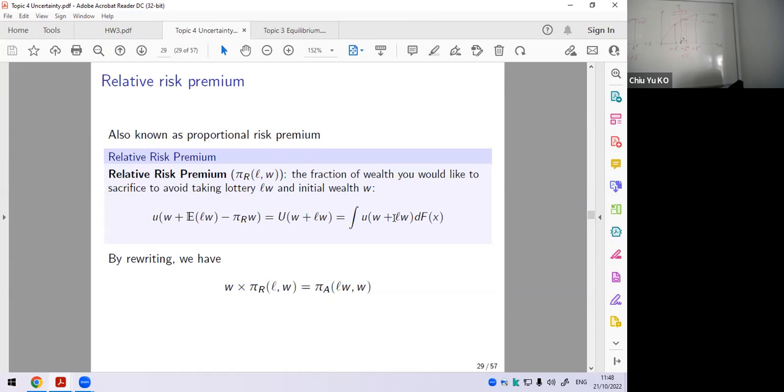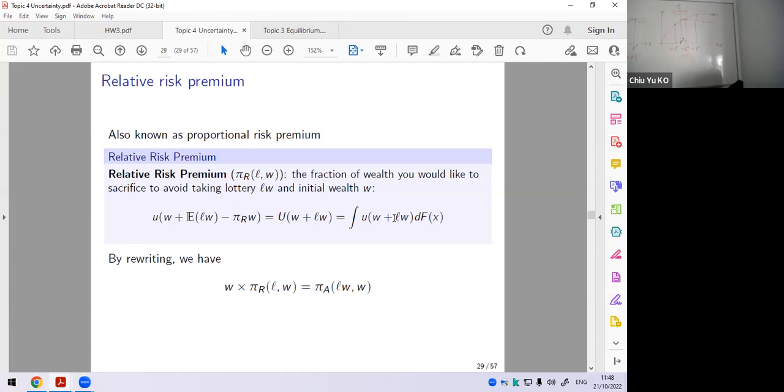Your risk is not taking L, but L times W. And why you would put it this way is because later you will see how we define it. It turns out you put it in, it becomes the original one, and then you just replace the same one.